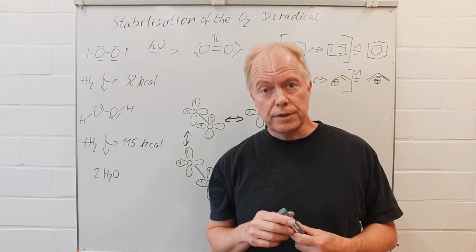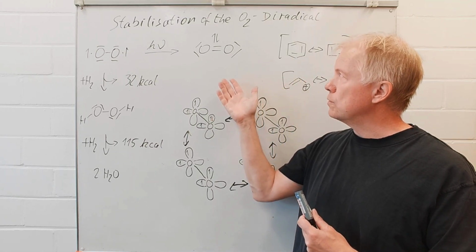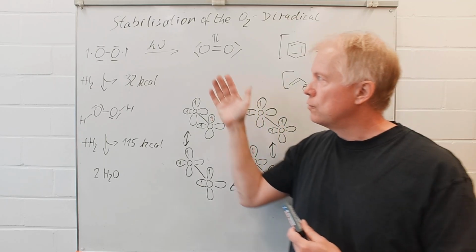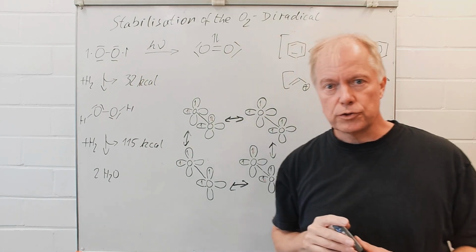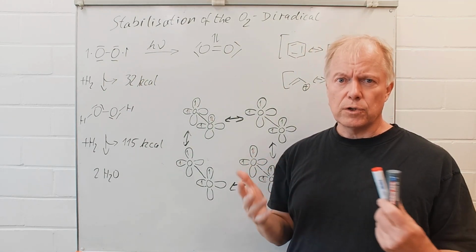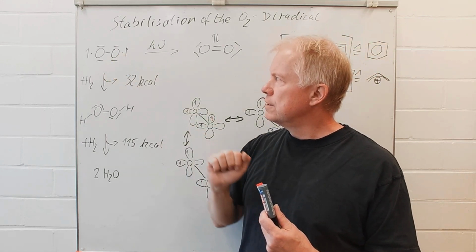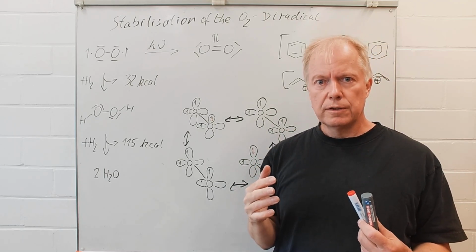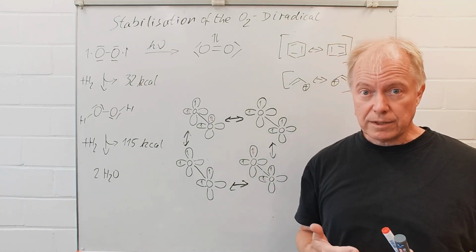In the preceding tutorial, we have discussed the various methods of generating singlet oxygen from its ground state, the triplet oxygen molecule. And of course, it's somehow surprising that the diradical should be lower in energy, being less reactive.